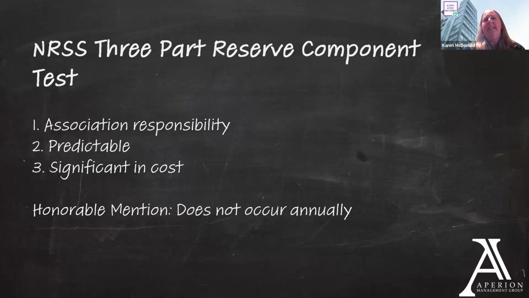It just doesn't make sense to put that money into reserves and then take it straight back out in the same year. So if you have an item that you're doing annually, even if it's a major expenditure, $10,000, $15,000, $20,000, it makes sense just to include that in your annual operating budget because you're going to pay that annually, just like you pay your landscaper or your insurance or anything else.